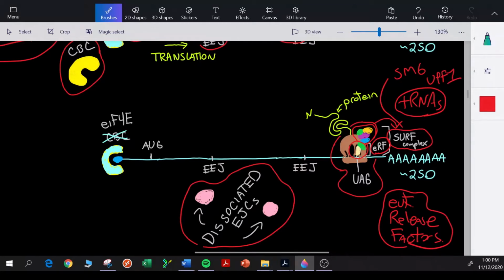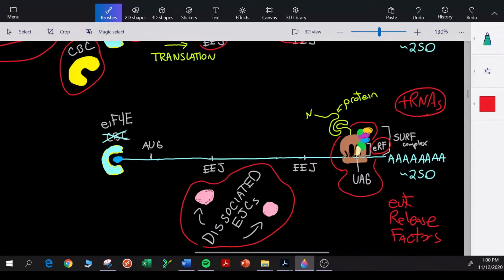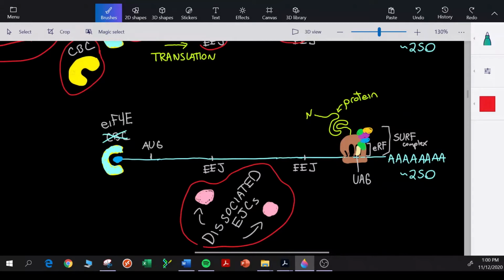What this SURF complex does is search for exon junction complexes. And if it doesn't find any on that messenger RNA, then the messenger RNA is okay. It's not going to be degraded. It's free for other ribosomes to latch on to the 5' UTR, the 5' untranslated region, and start translating at the start codon.